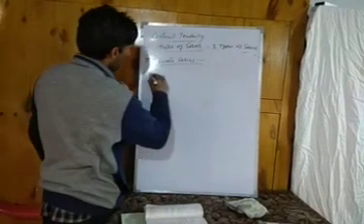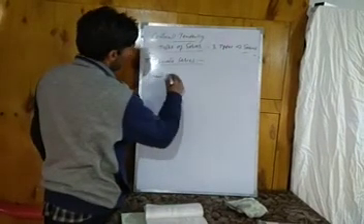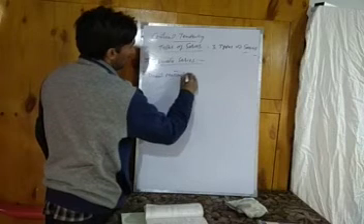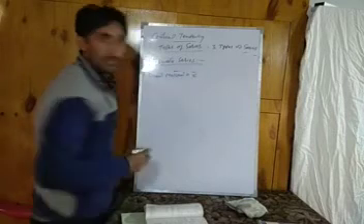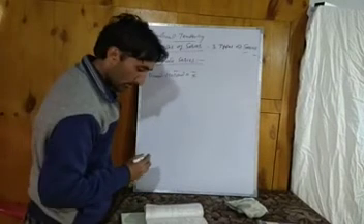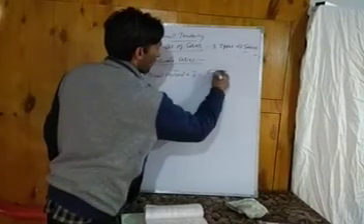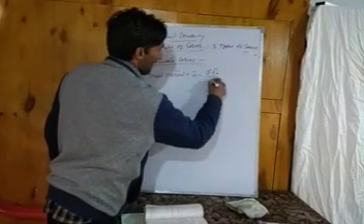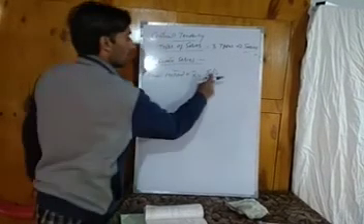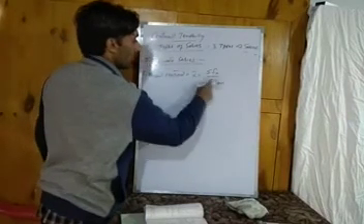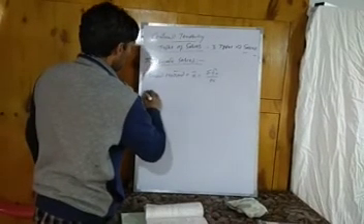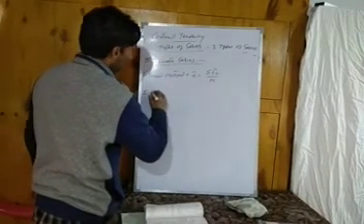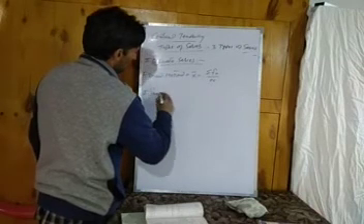First of all, we have the direct method. For direct method, the formula for calculation is summation of fx divided by n. Frequency into x divided by n. Next is the shortcut method.